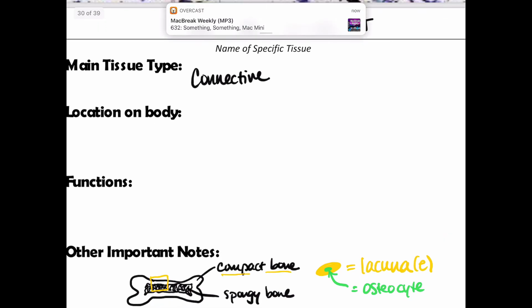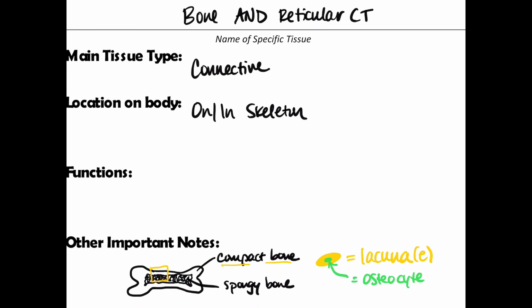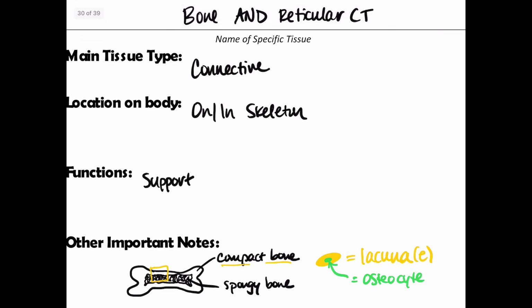Well, obviously on your skeleton, or in your skeleton, I should say. And then what is the function of it? Well, why do we have bone? Lots of reasons. Support. Structure. To make blood.